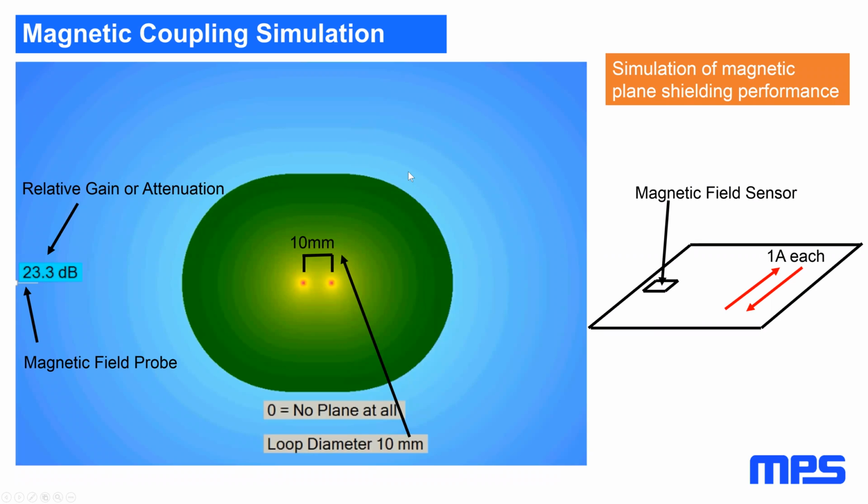I have a simulation where you look from one side in a PCB. So I have here two current strings here 10 millimeter apart with 1 amp each, and I have a magnetic sensor about 8 centimeter apart. And if I do not have any conductive material here, I have it 10 millimeters apart at a reached plus 23 dB.